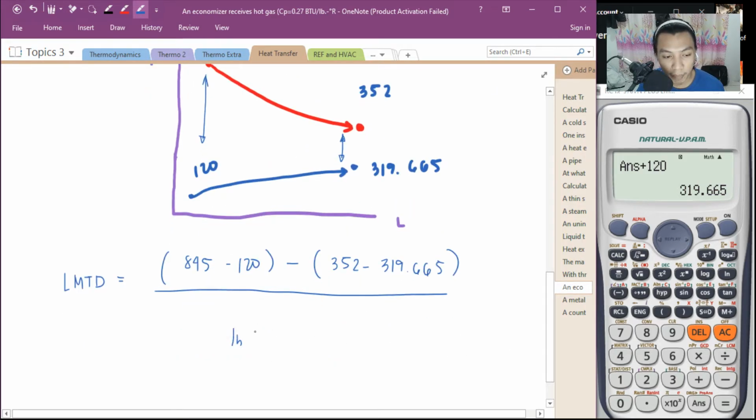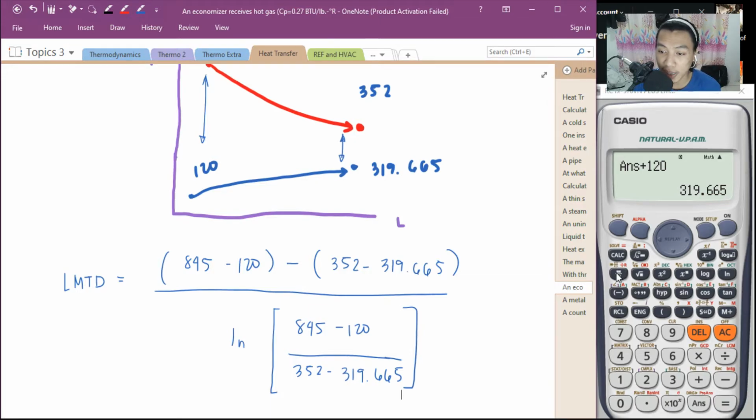ln, tapos 845 minus 120 divided by 352 minus 319.665. So, we can now solve for LMTD.